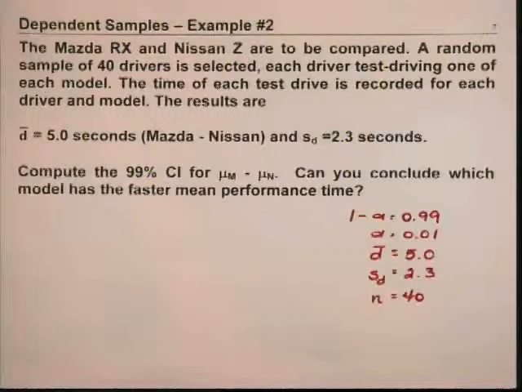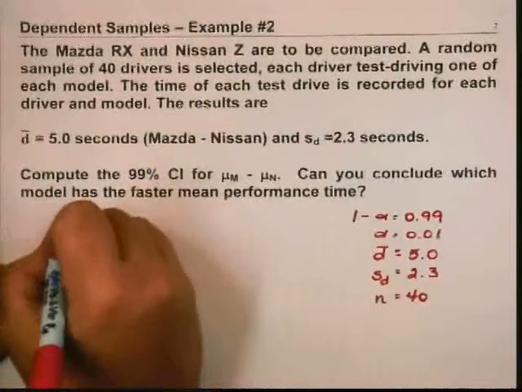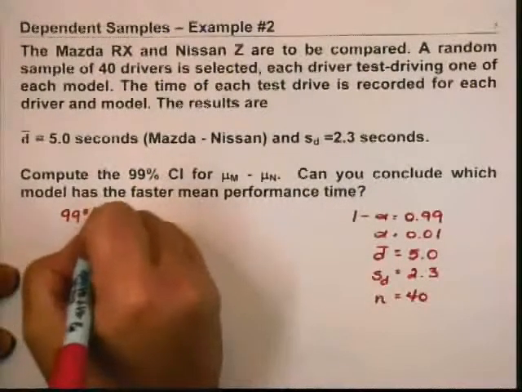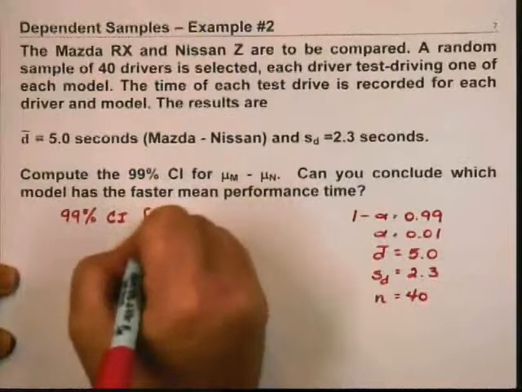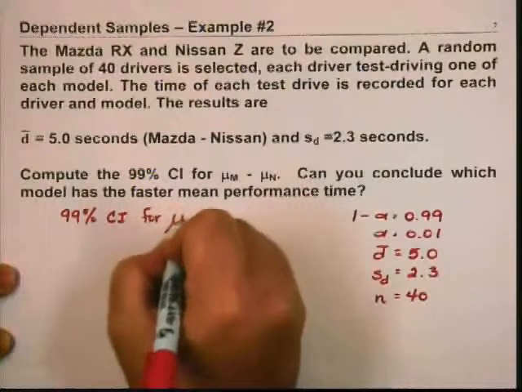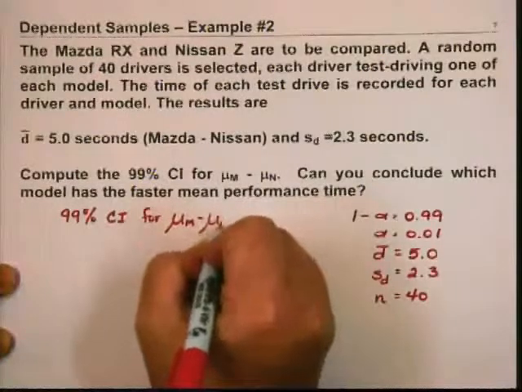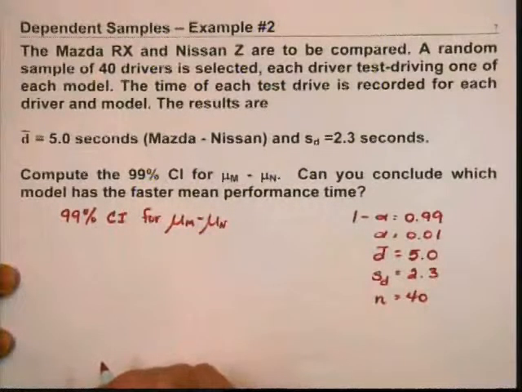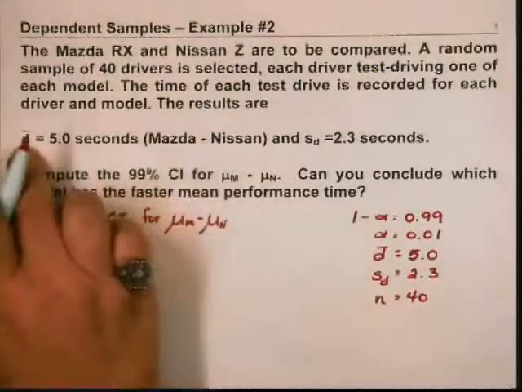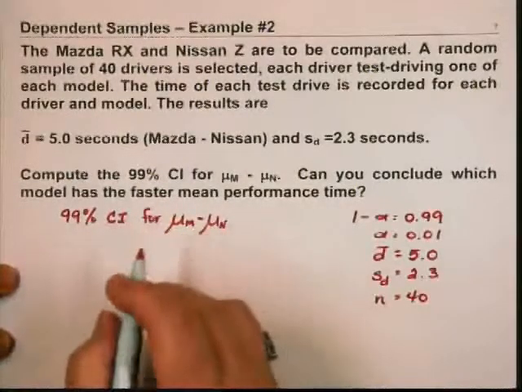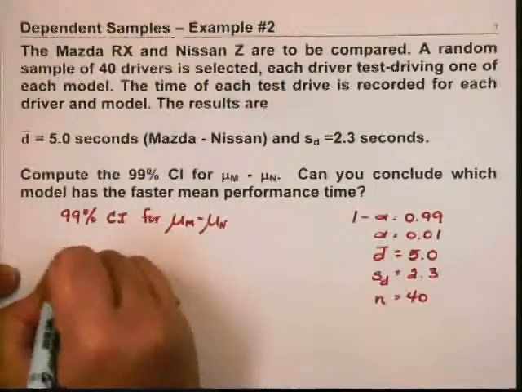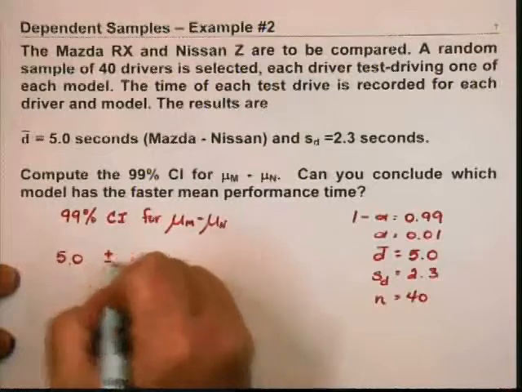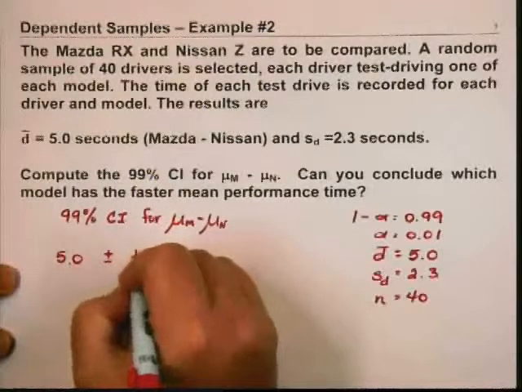Okay. So our 99% confidence interval for Mazda minus Nissan, those means. Then I would take the point estimate. D bar estimates this difference. So we take our estimate, 5.0 seconds, plus or minus a critical T determined by what?